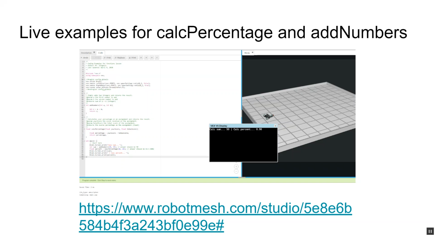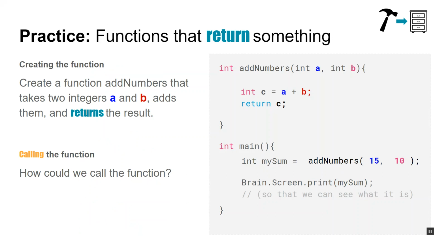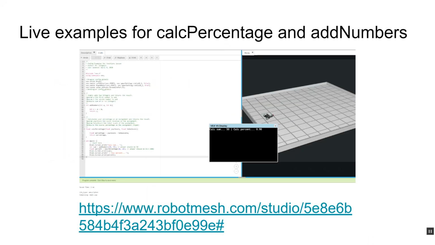If you have code that's repeating a lot and you need to do the same operation multiple times, then use a function so that you can save a lot of lines of code, but also make your life easier. It's so much easier to change it if you put it into a function. You only have to change it in one place, and it affects every spot that you've called that function. So that's the functions video. Thanks for watching.